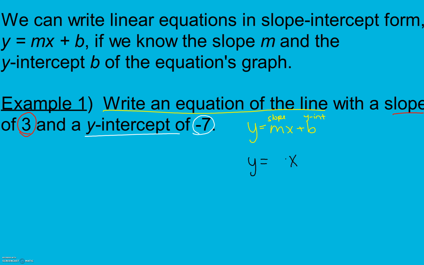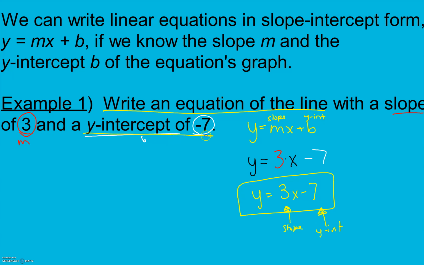I'm going to plug in my slope in my m spot, and my y-intercept in my b spot. So my final answer here is going to be y equals 3x minus 7. Here my slope is 3, and my y-intercept is -7, just like they tell me in my problem.